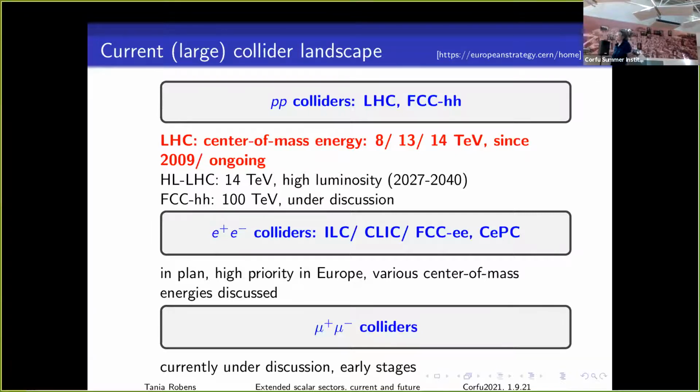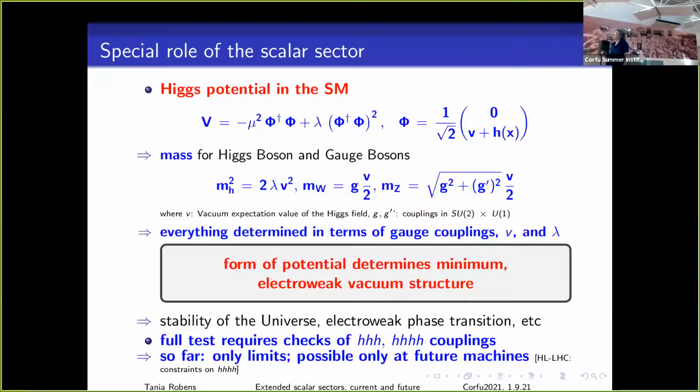We already heard a lot about this in one of the previous talks. Again, there are various options on the market, supposed to be high priority in Europe, with various center of mass energies which are discussed. And a recent revival has been the mu+ mu- colliders, which are currently hotly discussed in various forums, and we will see what comes out of this later on.